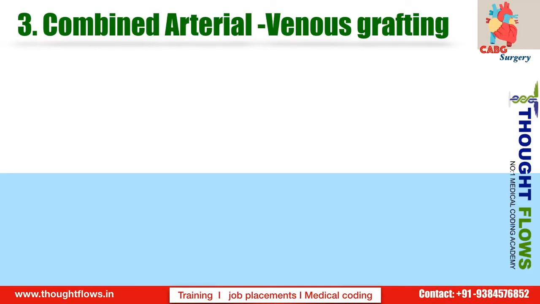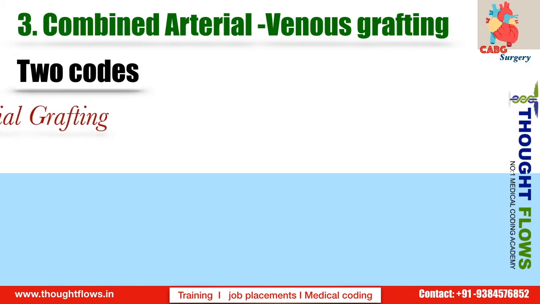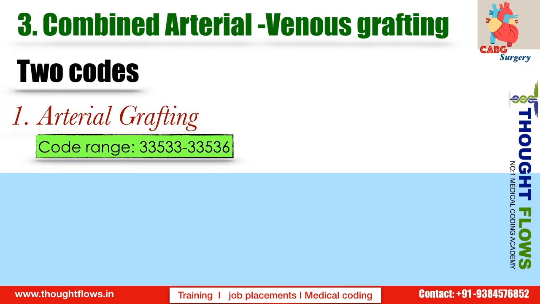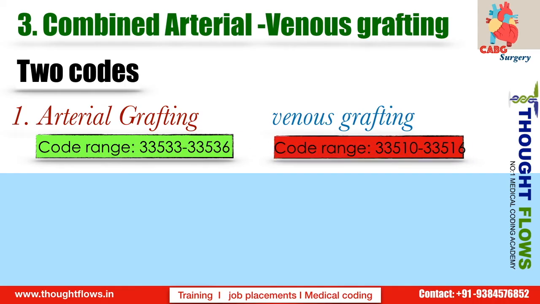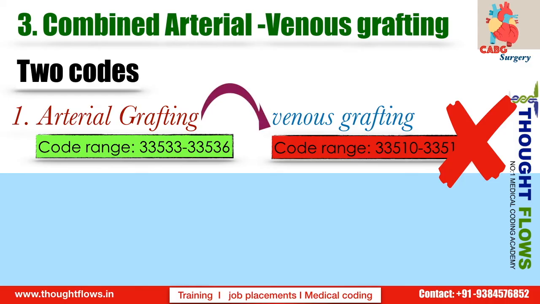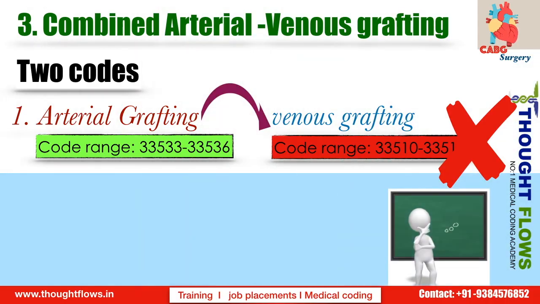Now let's see the combined arterial and venous grafting. If the surgeon used both arteries and veins for the CABG, we have to use both the codes, one for arterial grafting and another for venous grafting. But there is a twist here. We should not use the primary codes of venous grafting.